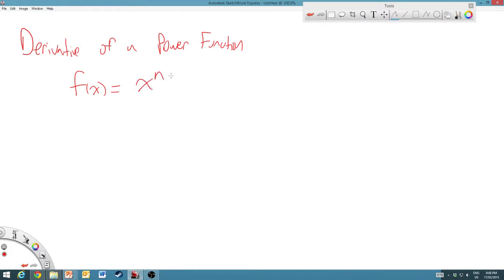Without going into the proof, it turns out that the derivative of this function, f prime of x, is equal to n times x to the power of n minus 1. You can prove this using the definition of the derivative. If you are curious about it, ask me in class or watch the videos that I'll link in the description of this video.